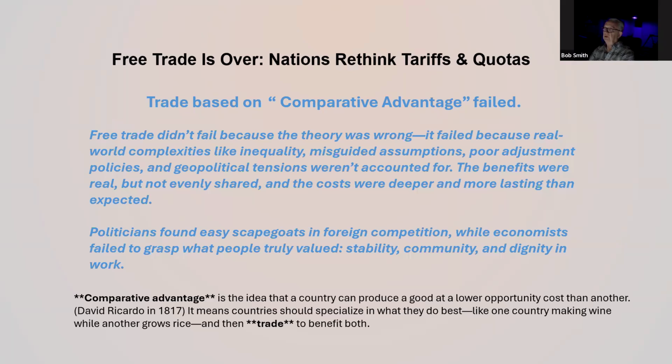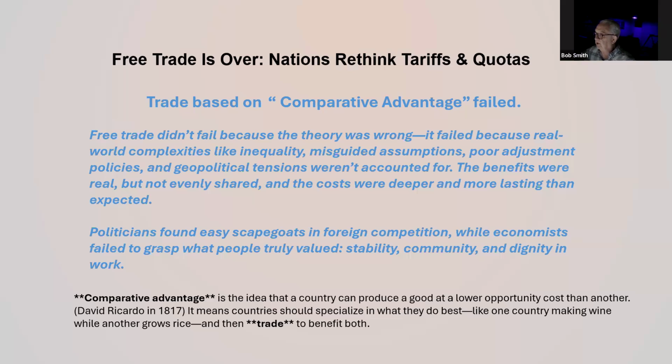Misguided assumptions. They assumed that if you didn't have a comparative advantage, everybody in that country would retrain and get involved in another industry. Not so much. Poor adjustments. A lot of countries just threw in subsidies to support industries that were not economical and did not have any advantage in world trade. And of course, then you came into geopolitical tensions and so forth and who you would deal with.